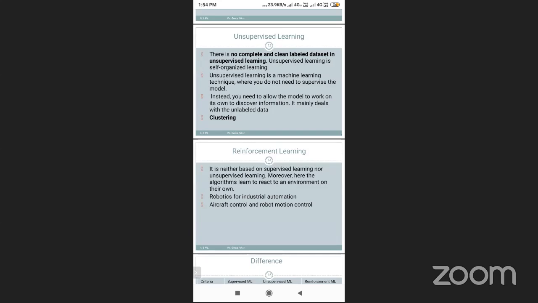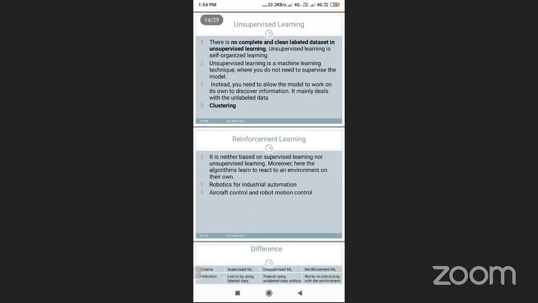Reinforcement learning is somewhat closer to artificial intelligence, because in artificial intelligence the machines are perfectly trained and need no supervision. So they automatically act or react according to the environment they are focusing on. This is the third type of machine learning.